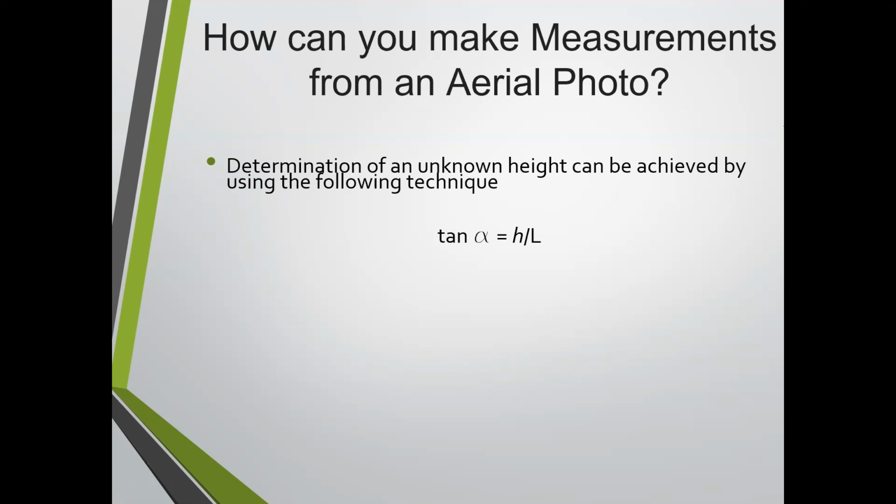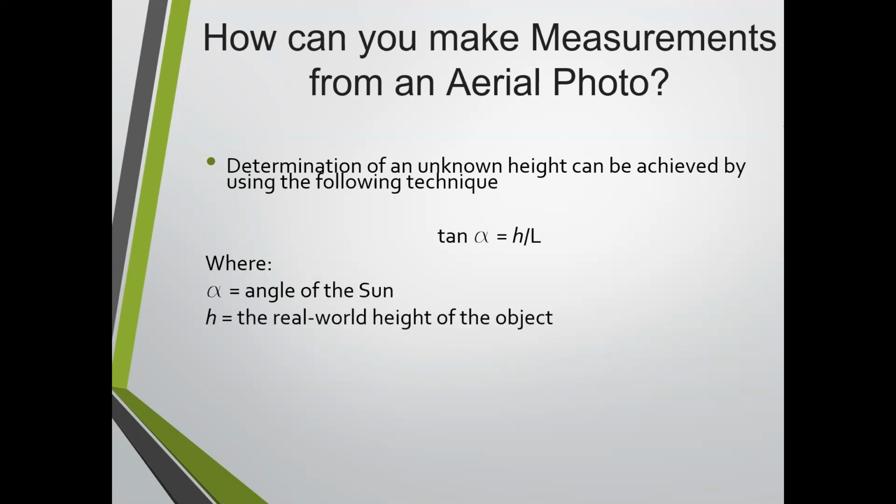You can essentially say that the tangent of your alpha angle, which is the direction that the sunlight is coming in on your object, is equal to your height divided by the length of the shadow. So that's your angle of the sun, H the height of the real world object, and L the length of the shadow.